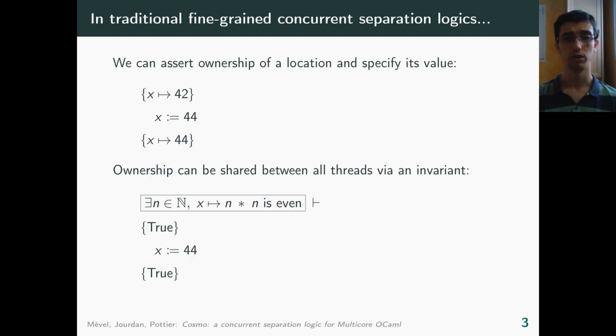To do so, a usual solution is to put the assertion in an invariant. Intuitively, an invariant holds at all times, and its contents can be accessed equally by all threads. So here, we can put x points to something in an invariant, which we denote by boxing the assertion. Then any thread can access x as long as it preserves the invariant.